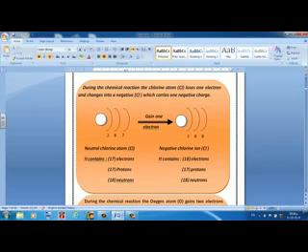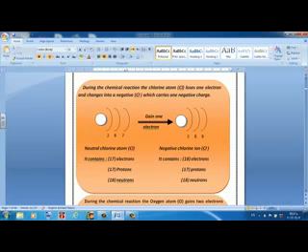Cl 17, 35. The neutral chlorine atom Cl contains 17 electrons, 17 protons, and 18 neutrons. If we want to draw the electronic configuration, it will be 2, 8, and 7. During the chemical reaction, the chlorine atom gains 1 electron and changes into a negative ion, Cl negative, which carries 1 negative charge.